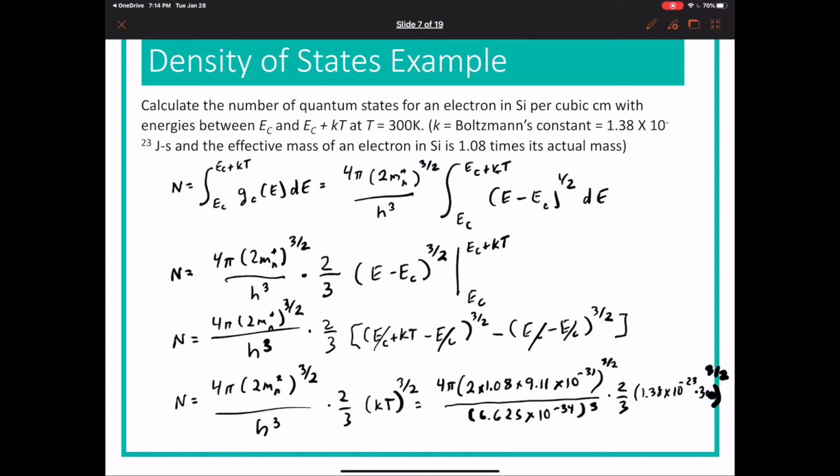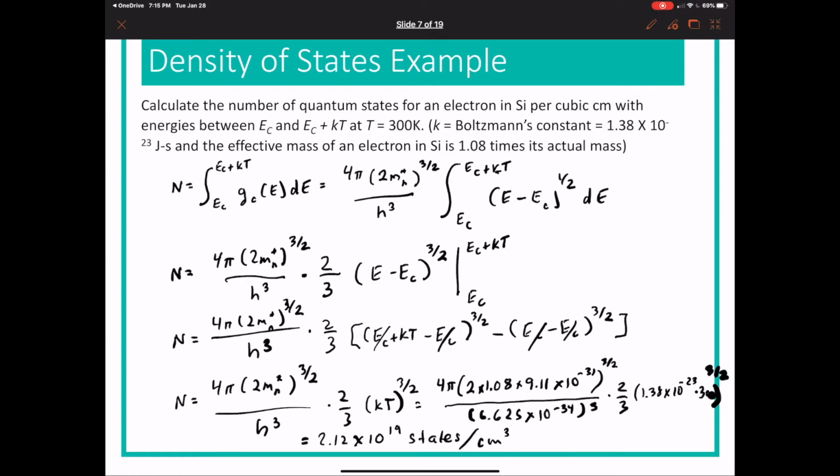So all of that comes out to 2.12 times 10 to the 19 states per cubic centimeter. My original answer was 2.12 times 10 to the 25, but that's in cubic meters.